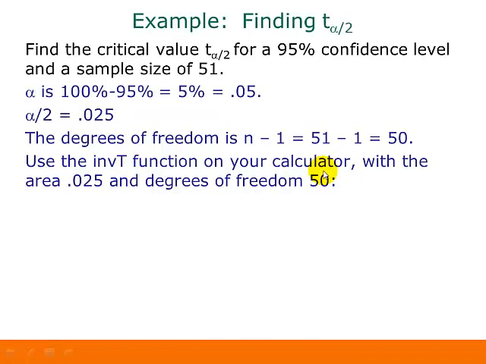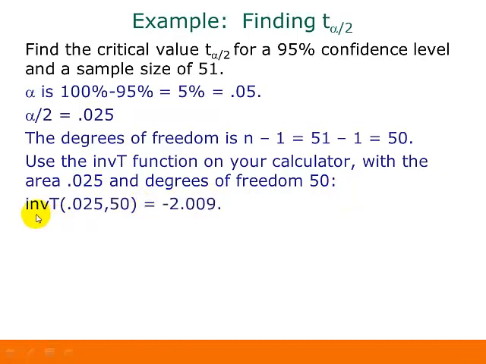The numbers you need to use this function are the area, and this one works just like the inverse norm function, in that it assumes you're going from the t-value to the left. So we put in the area on the left in the left tail, and then you have to put in the degrees of freedom.